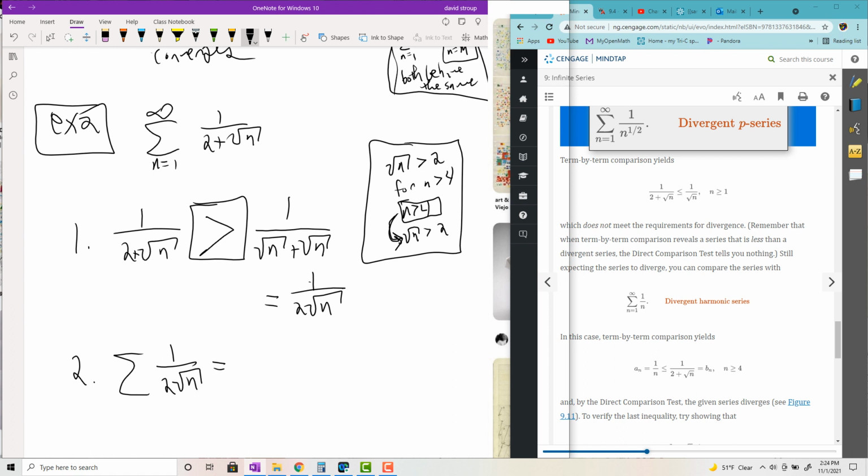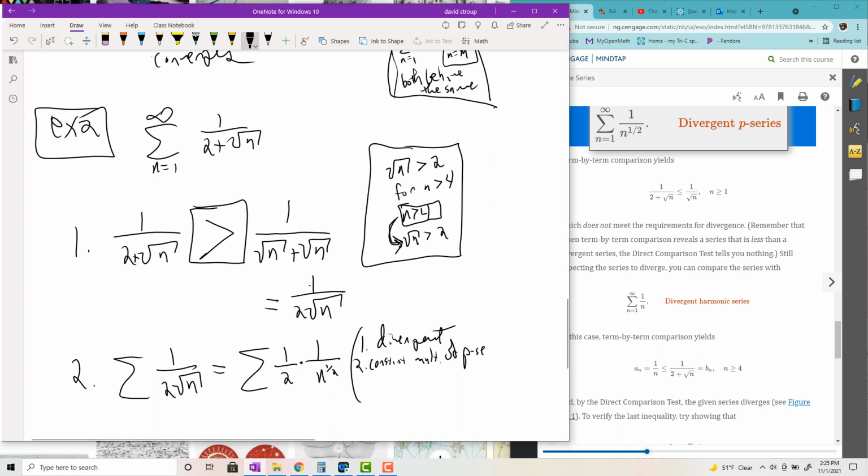What is this thing? This is a p series, but it's a constant multiple of a p series, right? So it's 1/2 times 1 all over n to the 1/2. So I'm going to note that this is divergent. It's a constant multiple of a p series.